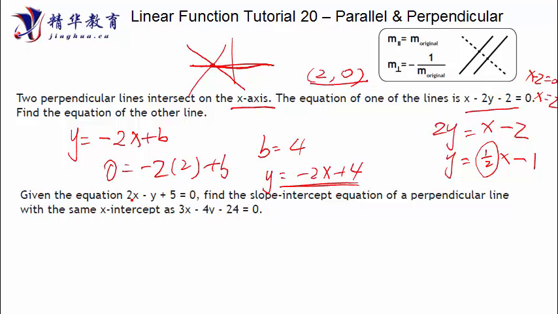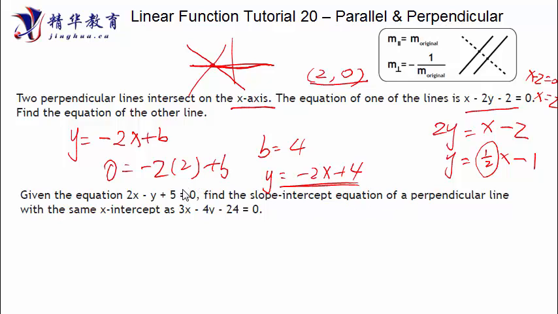Given the equation 2x minus y plus 5 equals 0, find the slope-intercept form of the perpendicular line that has the same x-intercept as 3x minus 4y minus 24 equals 0. What does that mean? We don't have our line yet.